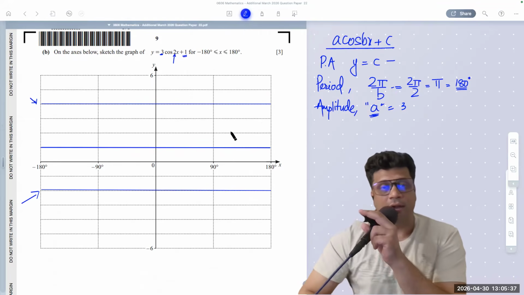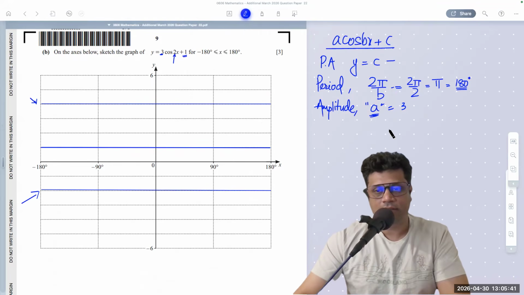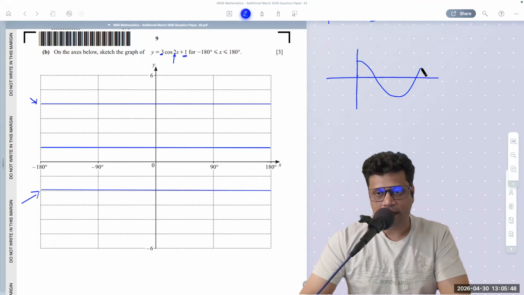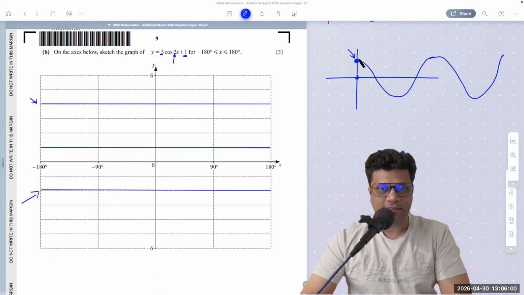Well, I know that a cos curve looks like that. That's what I know. It starts from the maxima at 0. If it's a cos of bx plus c, it's at this point.